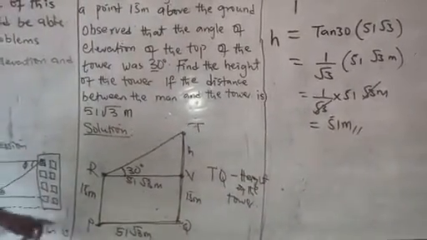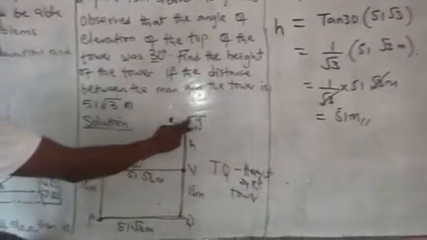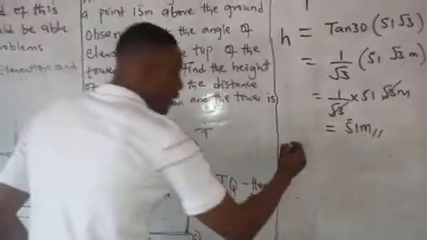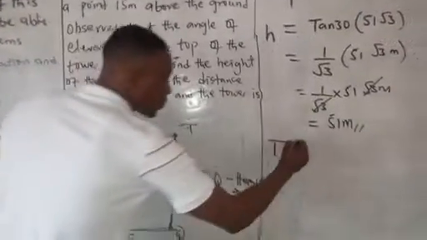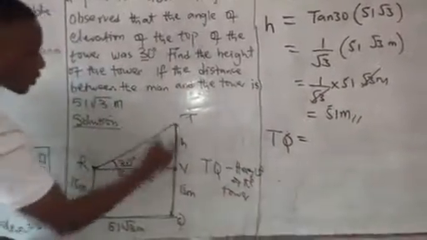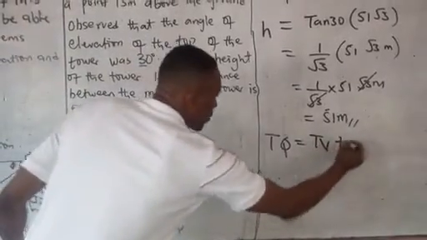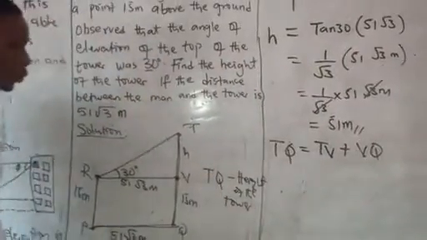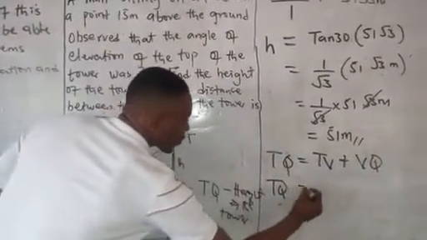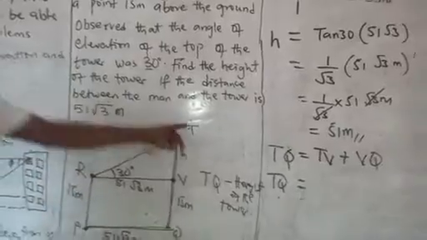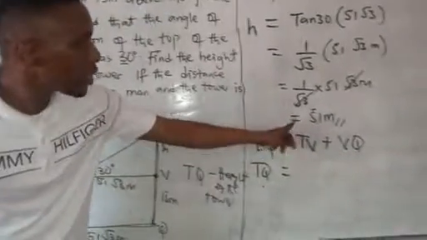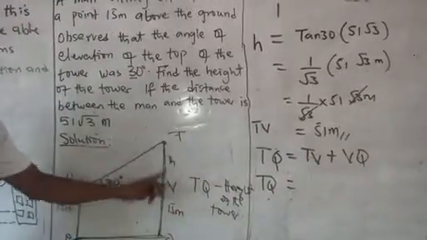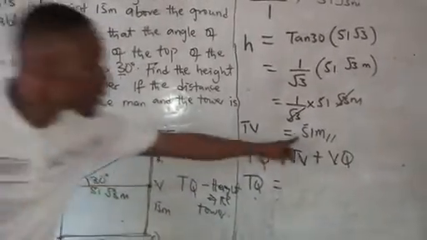But that's not the answer to our question. The answer to our question is they ask us to find the height of the tower. So you will agree with me that the height of the tower, that is TQ, is equal to TV plus VQ. So we are looking for TQ. What is our TV? Our TV is this small h that we have gotten, and the answer is 51 meters.